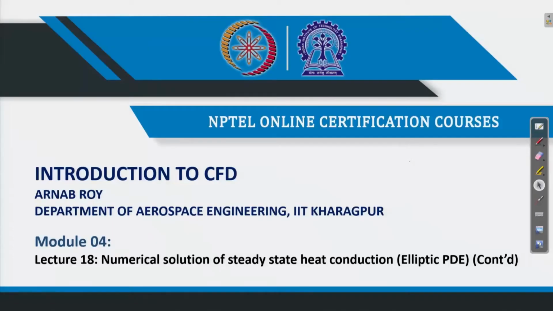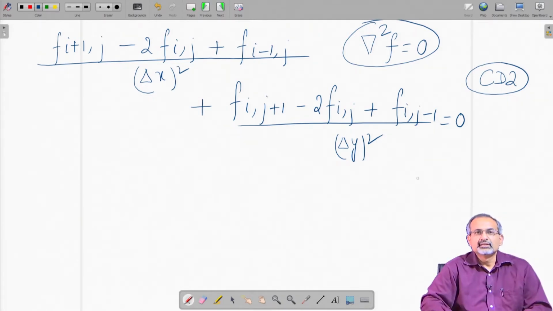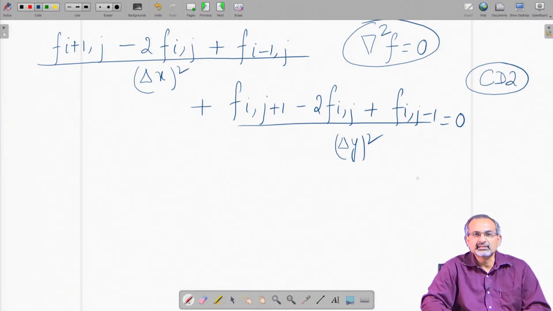We continue our discussion on elliptic partial differential equation. In the last lecture, we had looked at discretization of Laplace equation using the second order central difference scheme, and we had discussed how the Taylor series approximation is to be used when we handle partial derivatives in place of ordinary derivatives.